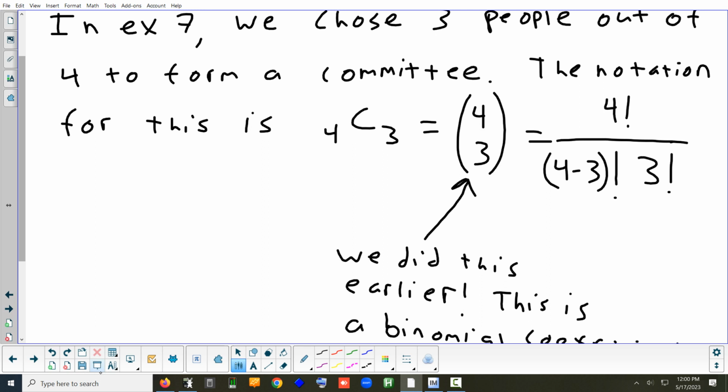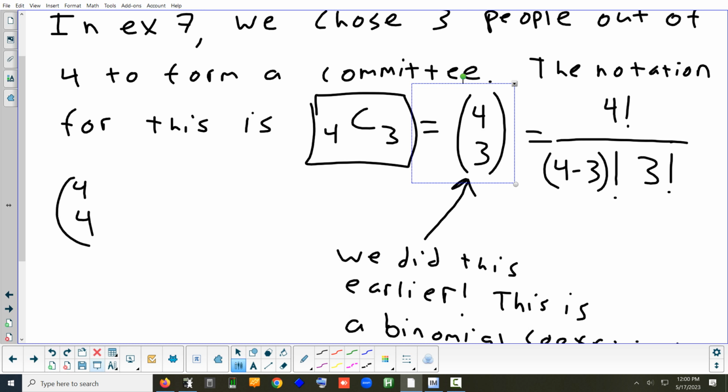When you're dealing with combinations, your answer is a number in Pascal's triangle. Always. So combinations, the answers come from Pascal's triangle. I didn't teach you this notation. That's similar to the one we learned today with the P. But a lot of times I use this notation, 4 over 3. That's a combination.